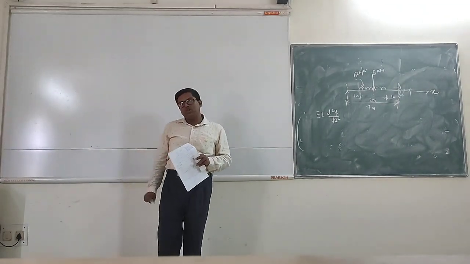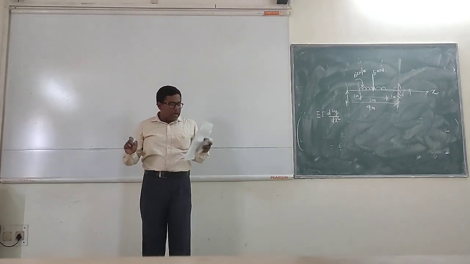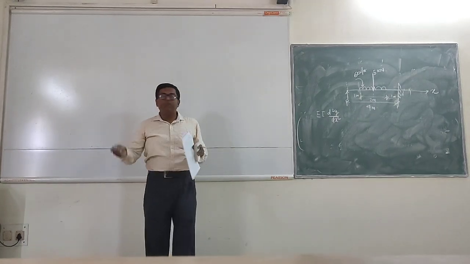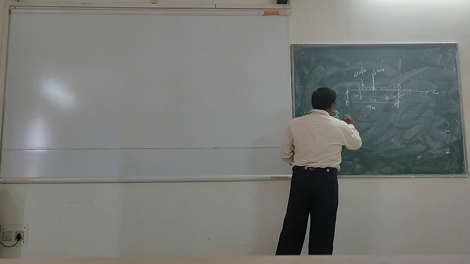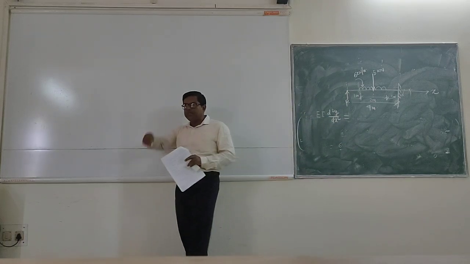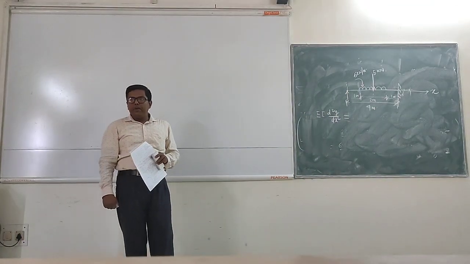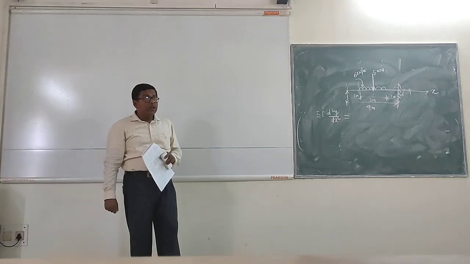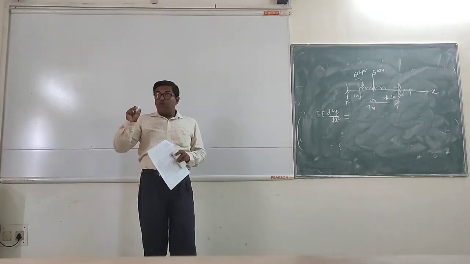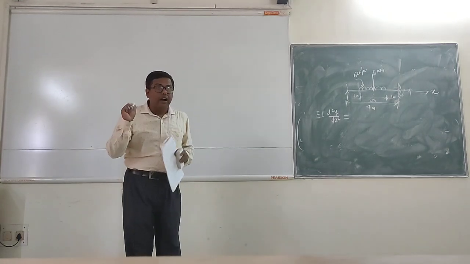Now you tell me what will be the moment equation for this. EI d2y/dx2 is equal to M. Now what will be the moment equation? If I go on taking sections at different positions, for the point load it is not difficult, right?